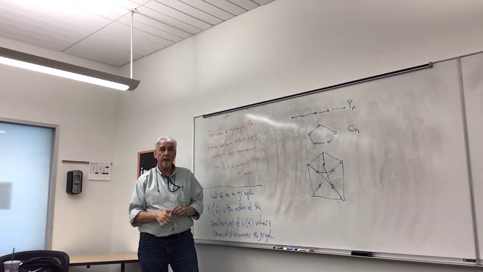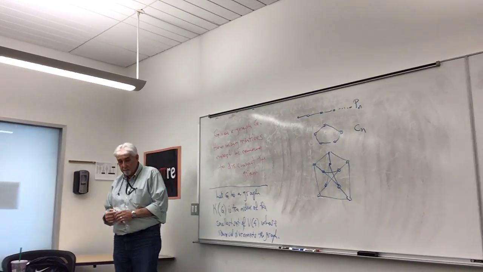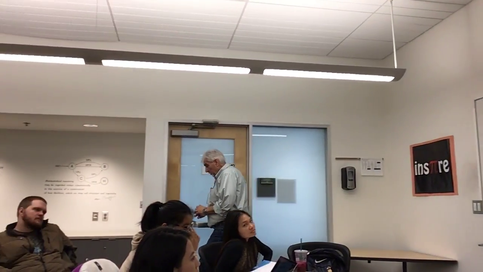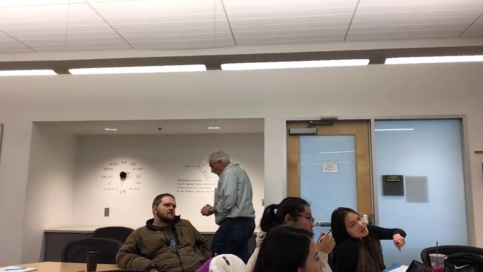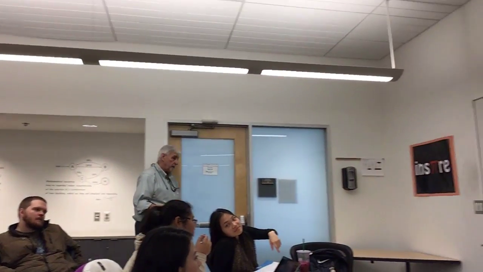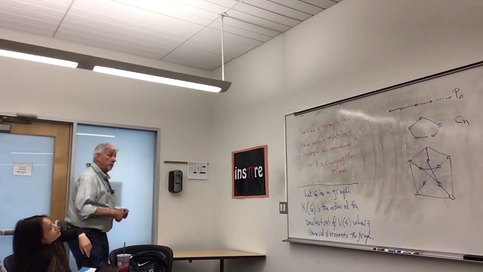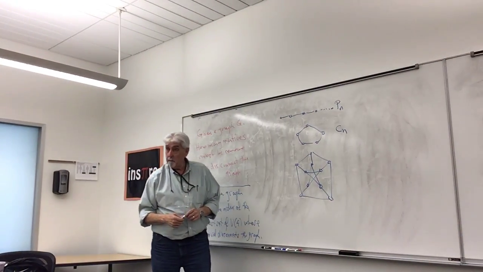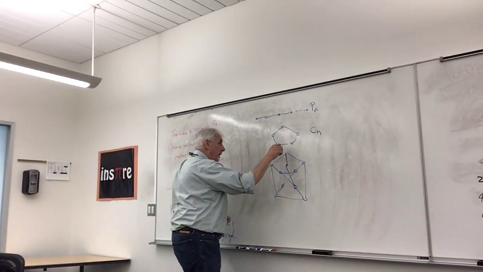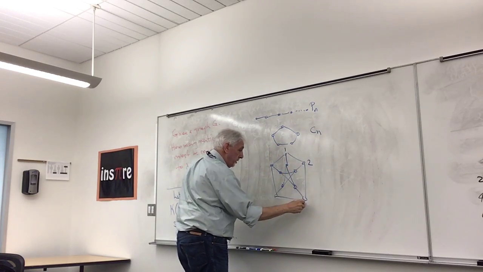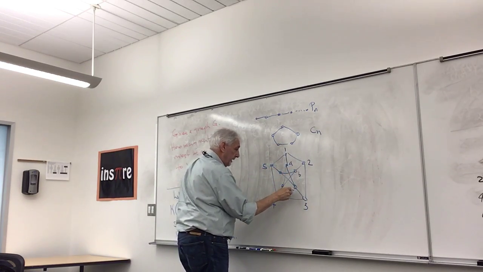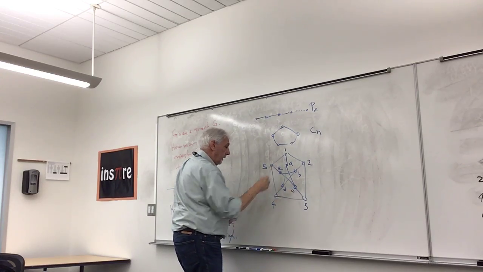You didn't let me draw the whole thing. Is it 2? Can you give me 2? Do you want me to label them? Maybe I'll label them. Let's see. This is 1, 2, 3, 4, 5. A, B, C, D, E.